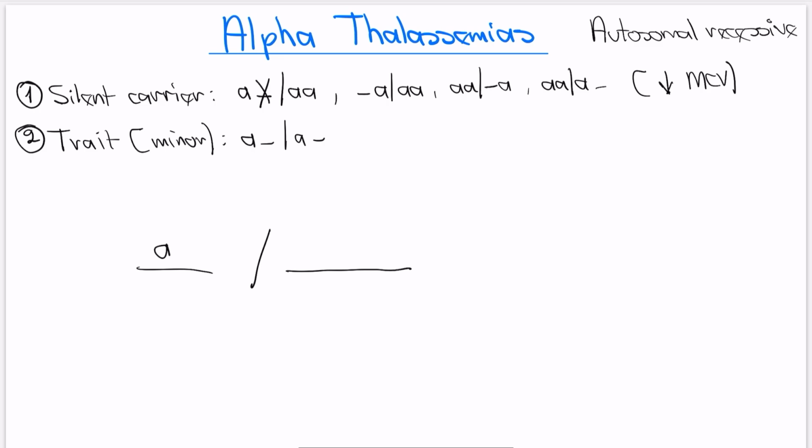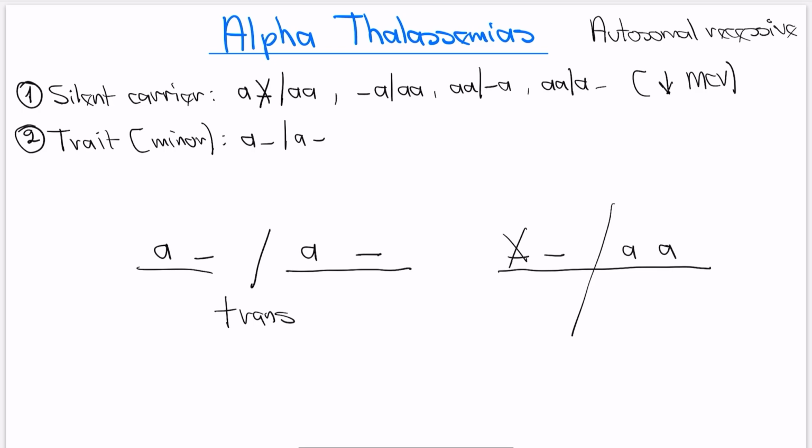For example, if you have something like A minus, you have one abnormality on one side and one abnormality on the other side. And when that occurs, you will call that a trans abnormality. The difference between that and, let's say, for example, a cis abnormality will be that you will have both of the alpha-globin genes affected in the same side of the line, as we see here.